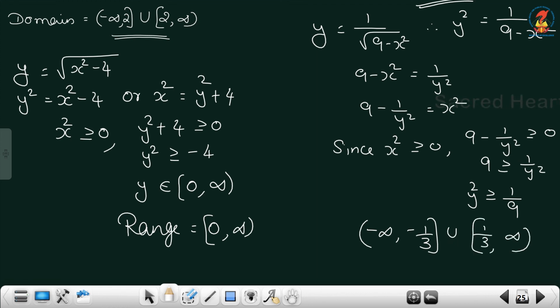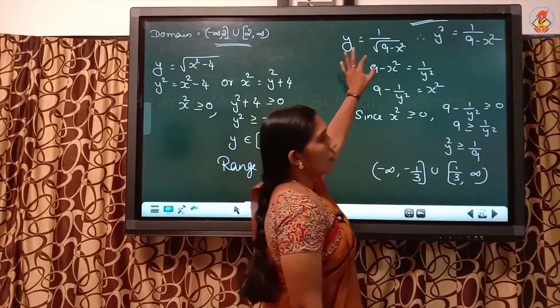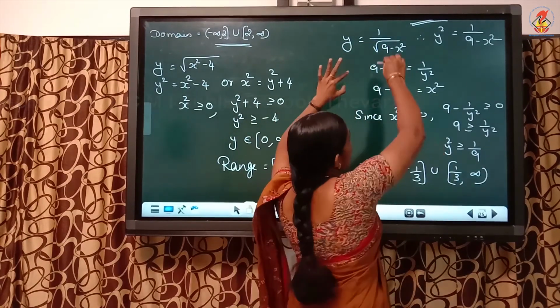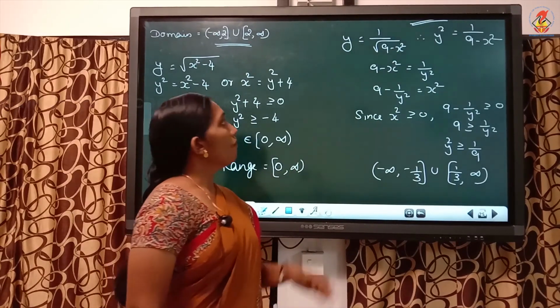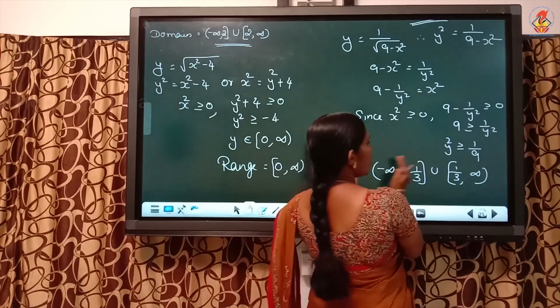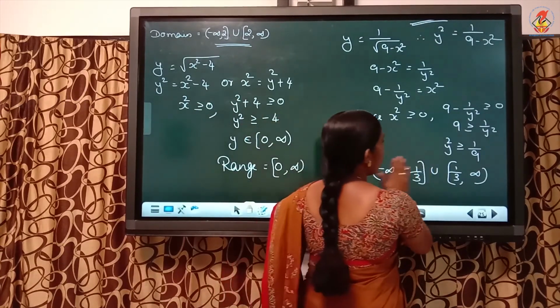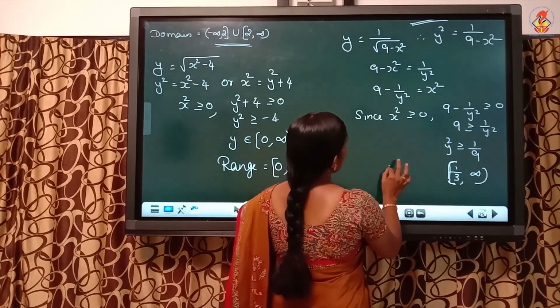That is the case. But here, since y is 1 by root, this root part is always positive. We won't get any negative answer, since the denominator is a root. Root is always a positive number, and 1 by that is always positive. It cannot be negative. So this part you can neglect. So y is equal to 1 by 3 to infinity. That is the range.